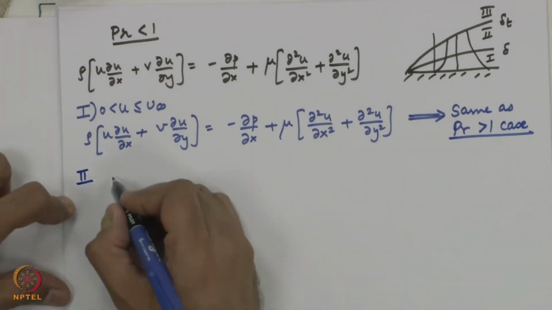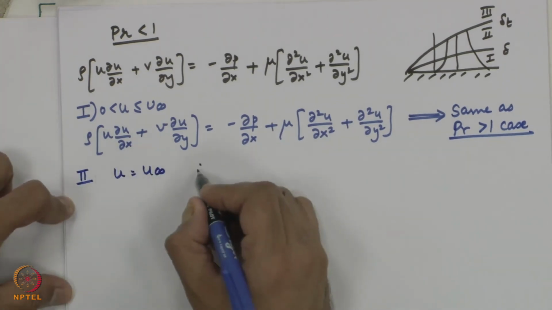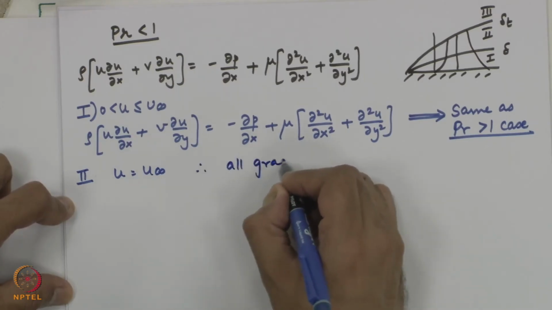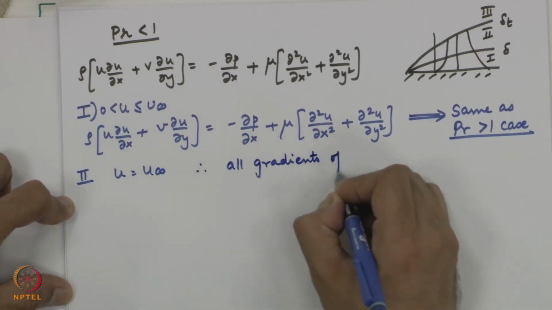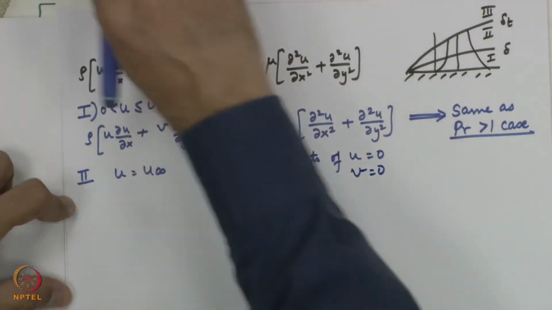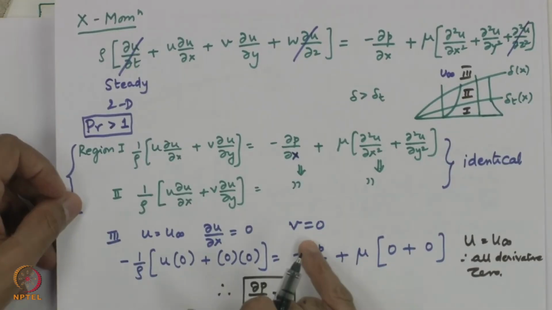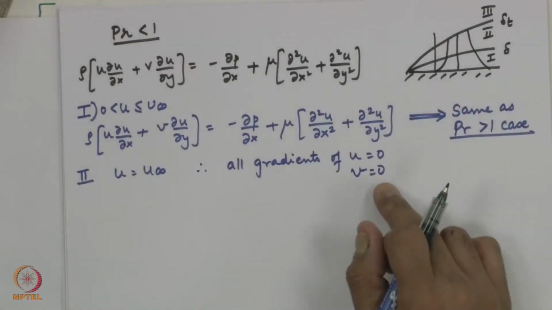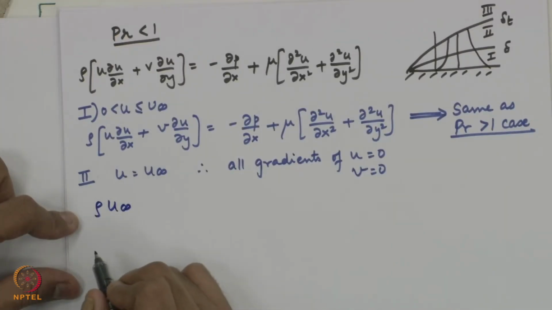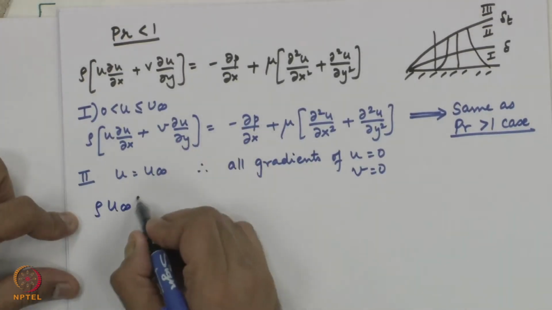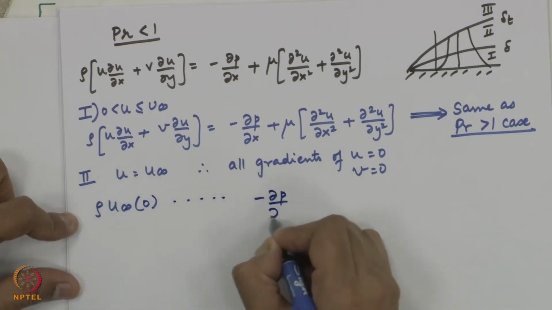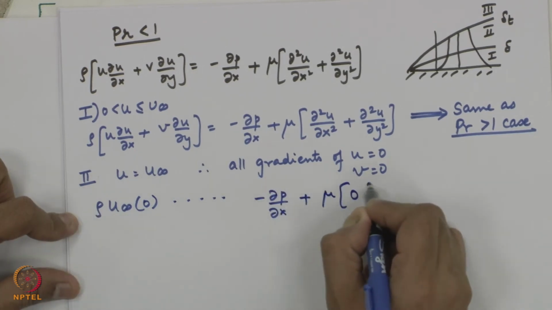Region 2, u equal to u infinity, therefore, all the gradients will be 0, and v is 0, we saw that. So, my governing equation would be rho u infinity times 0, and so on, and you will get exactly minus dp/dx plus mu into 0.